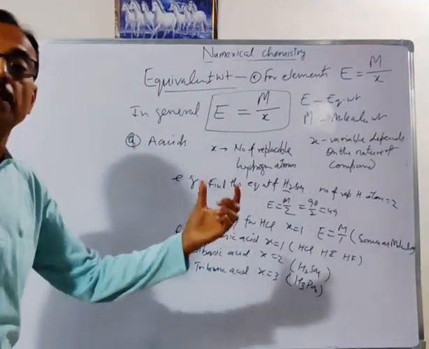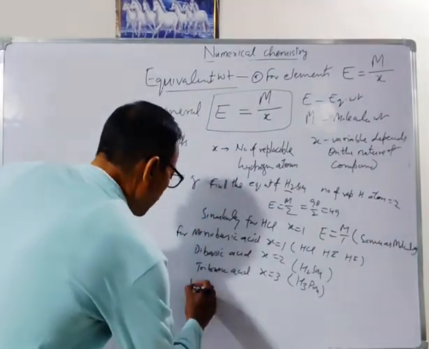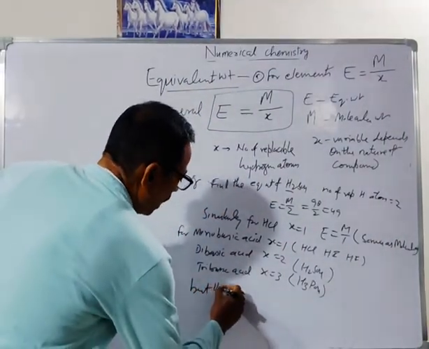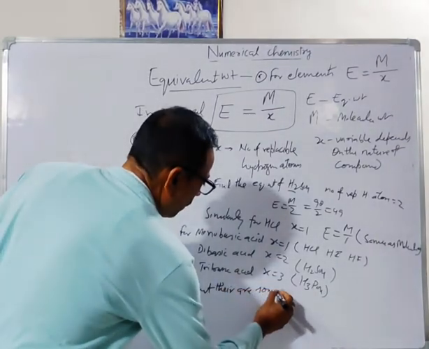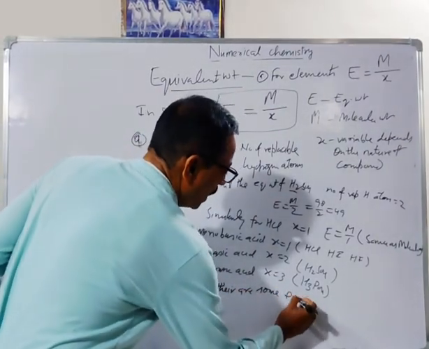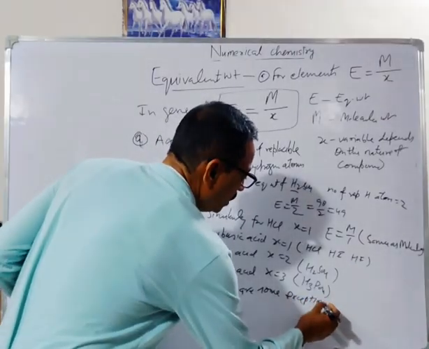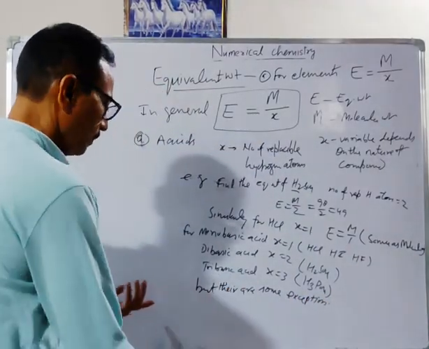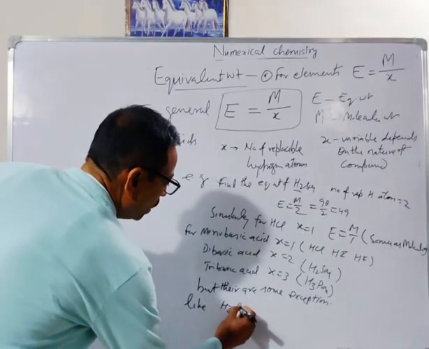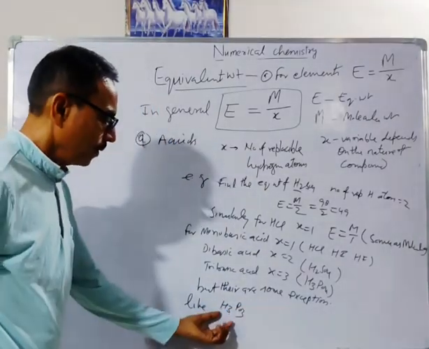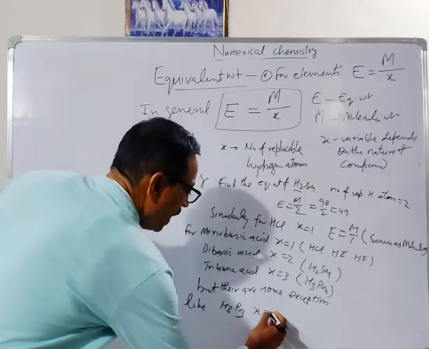But there are some exceptions. What are these exceptions? Like H3PO3 has 2 replaceable hydrogens, and H3PO2 has 1 replaceable hydrogen.